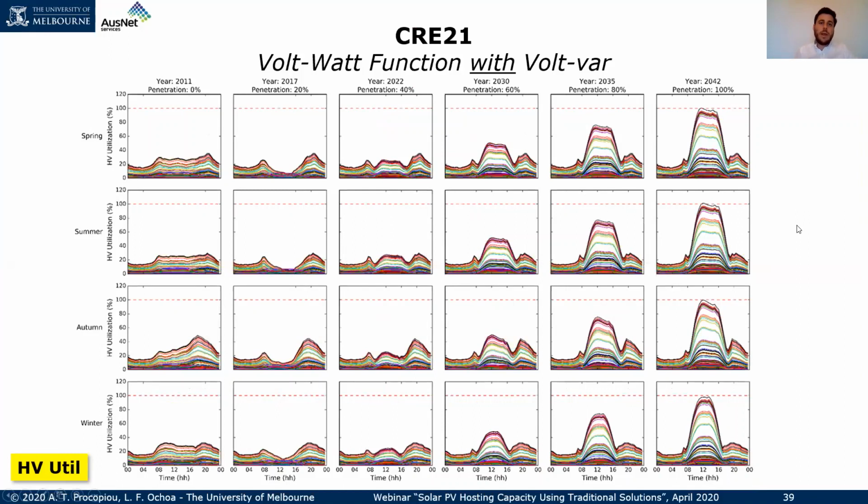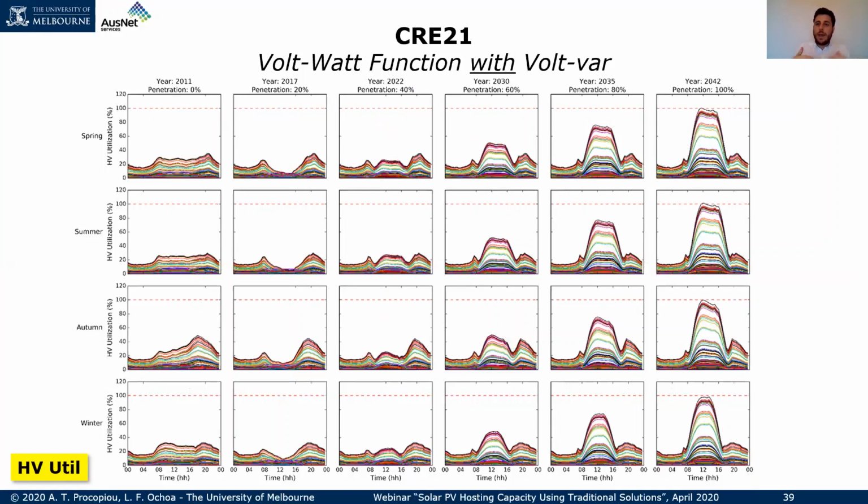Now, if we talk about the utilization of the assets, we have a very different scenario here. And here, what we can actually see is that instead of having the utilization level contained in very low levels, as it was shown in the previous case, we see an increment of the utilization level.